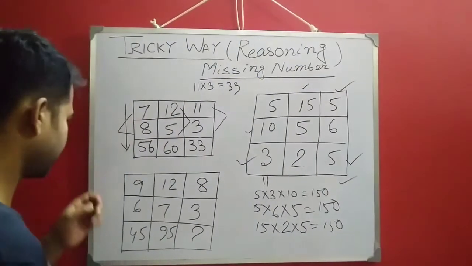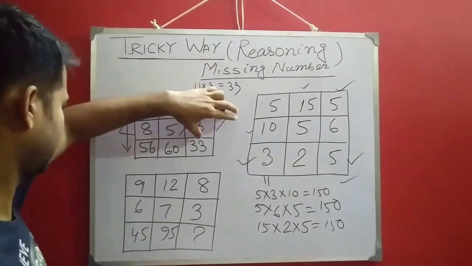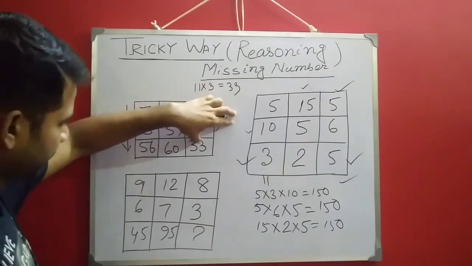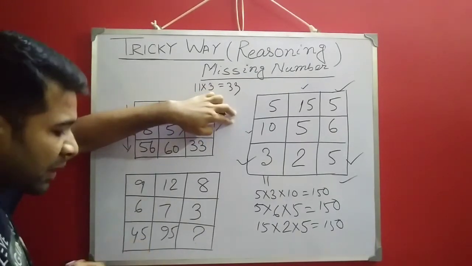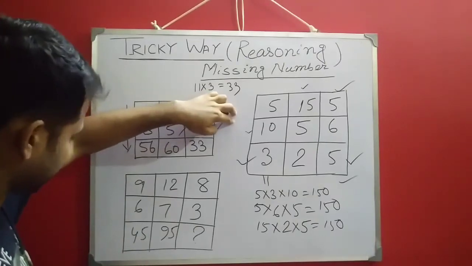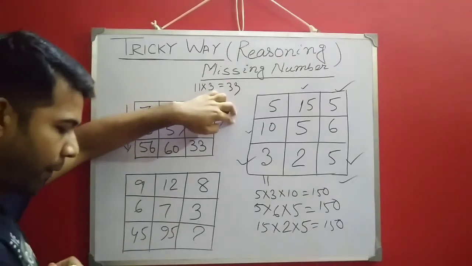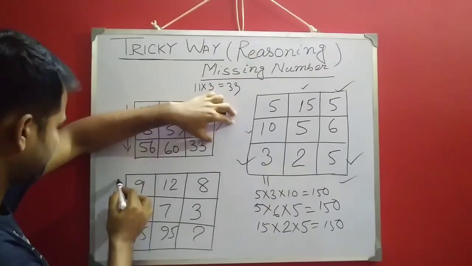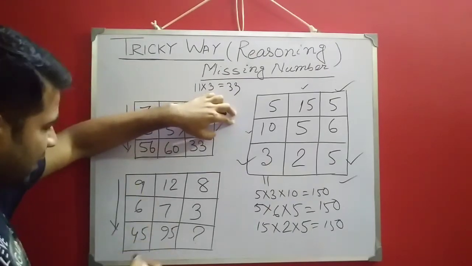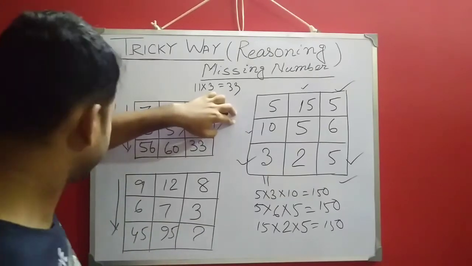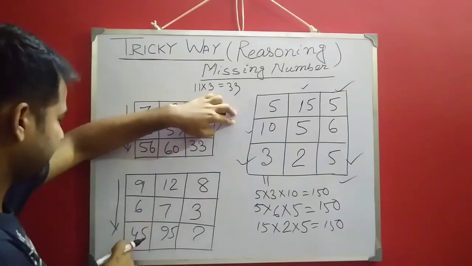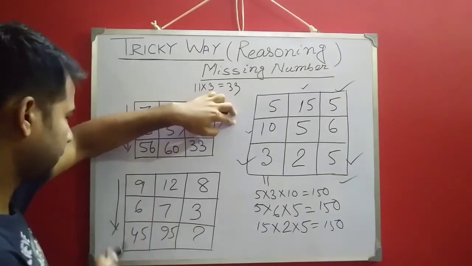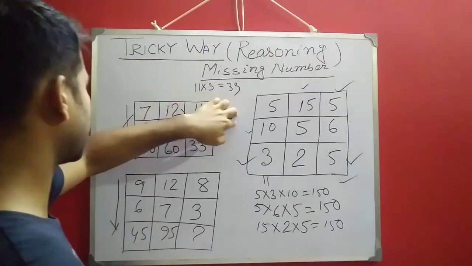Next, the maximum values are 45 and 95. So 9 into 6 equals, no. 9 plus 6 equals, not possible.